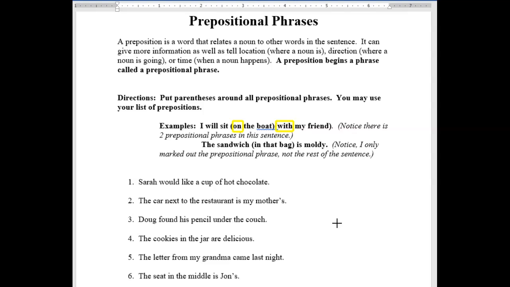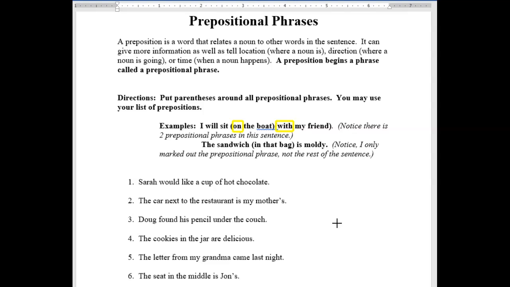On begins the prepositional phrase. On the boat is one prepositional phrase. With, if you notice, is on your list. With my friend is the second prepositional phrase. So both of those phrases would have parentheses around them.